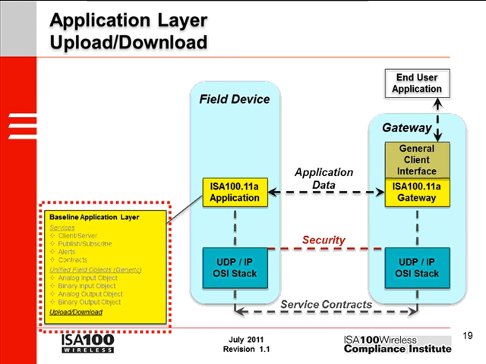That means every ISA100 device is required to support stack upgrades over the air in a way that is precisely defined by the standard. Upload-download can also send waveforms in the opposite direction in specialized ISA100 devices. For example, vibration sensors or corrosion sensors can use the upload-download object to transmit waveforms in an interoperable way that is defined by the standard.